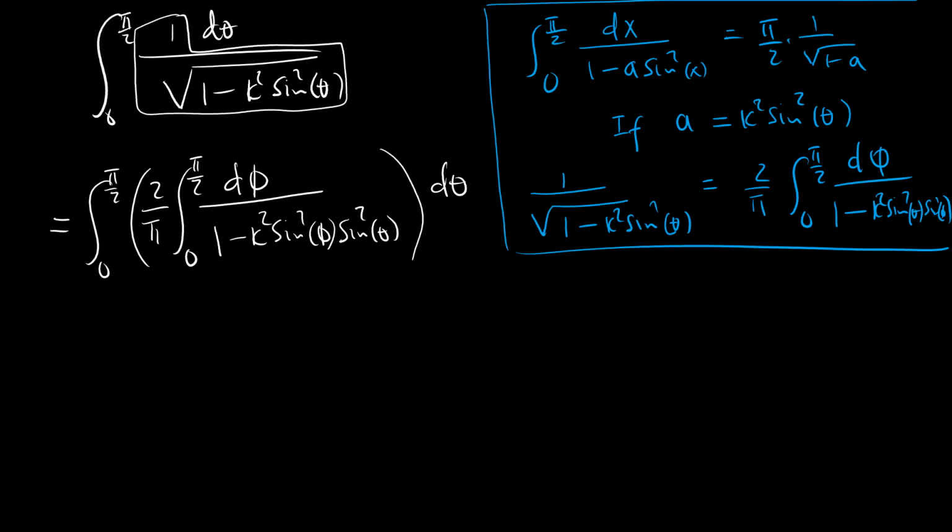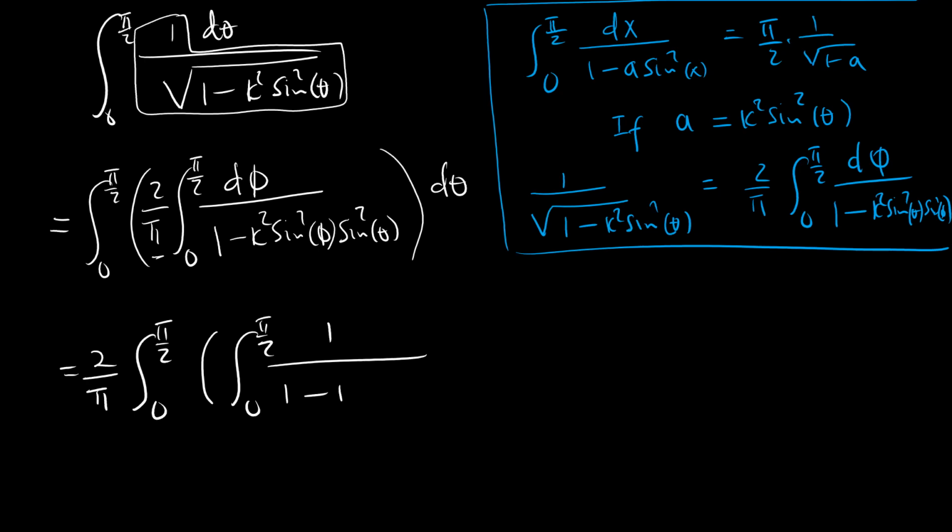And we can pull out this constant, so we have 2 over pi, the integral from 0 to pi over 2, the integral from 0 to pi over 2 of 1 over 1 minus k squared sine squared phi sine squared theta, d phi d theta.